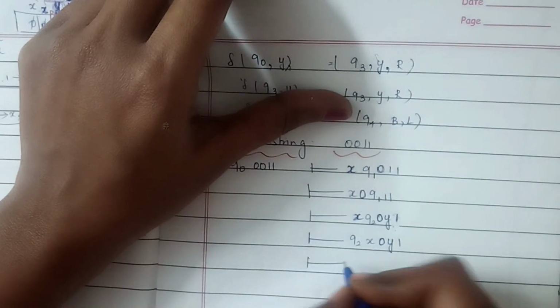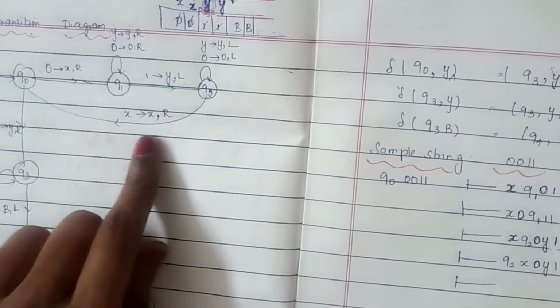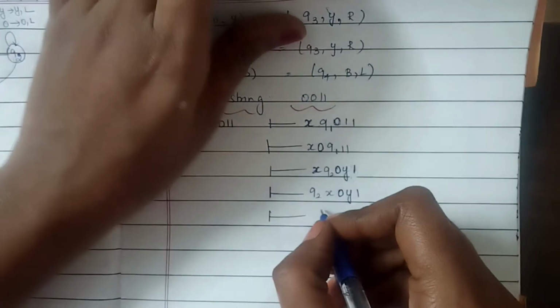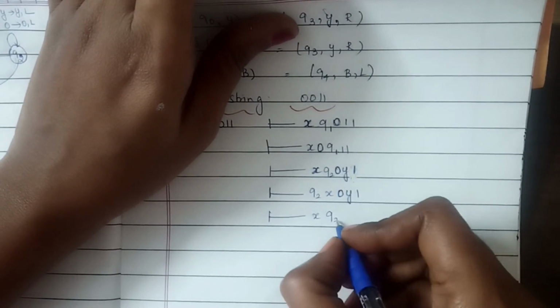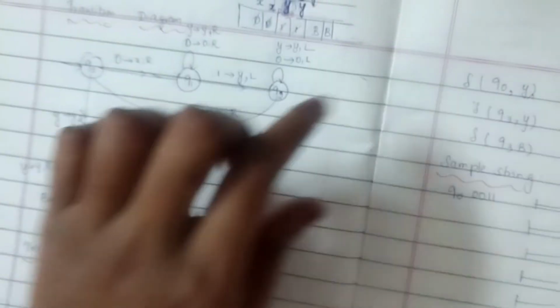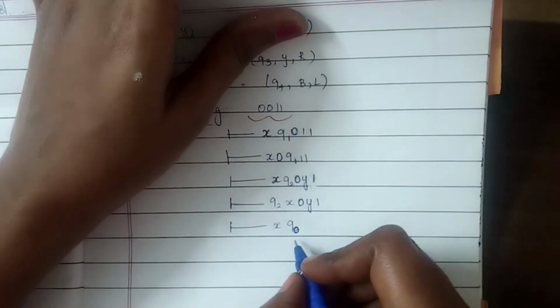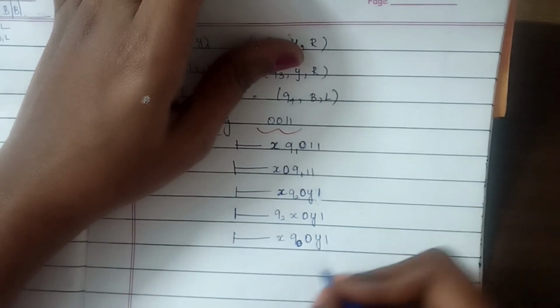After this we'll have Q2 on X. When you see Q2 on X, you have to go for Q0 and move rightwards. So X Q0 0 Y 1.